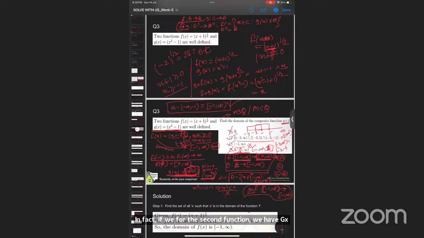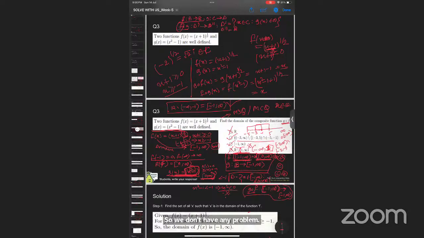For any real number, if we take the square, it will be again a real number, and if we subtract 1 from a real number, it will be again a real number. So we don't have any problem with any real number.